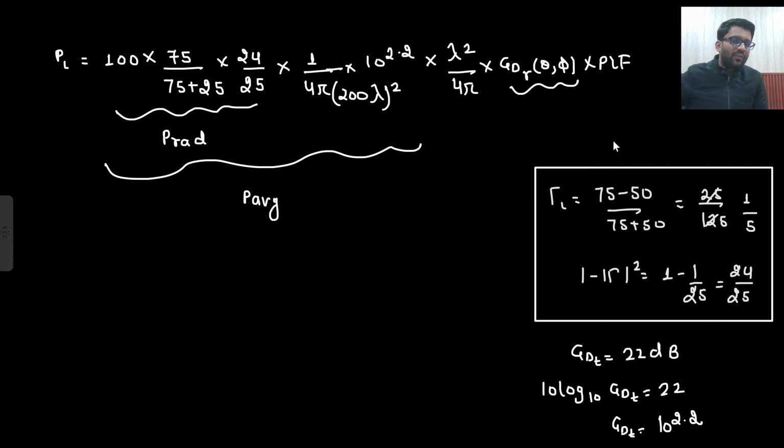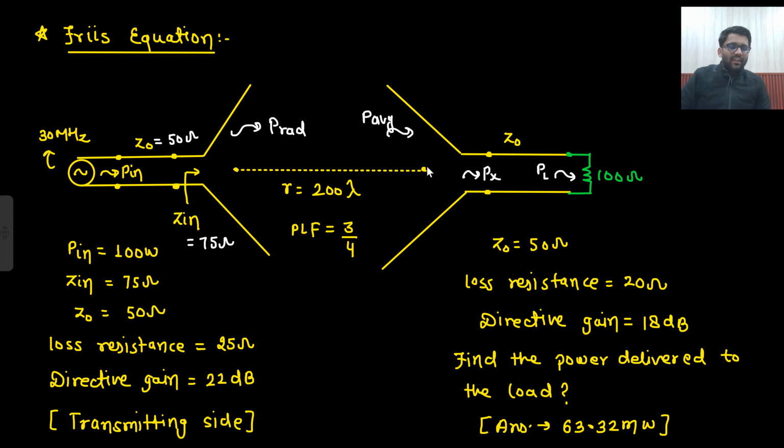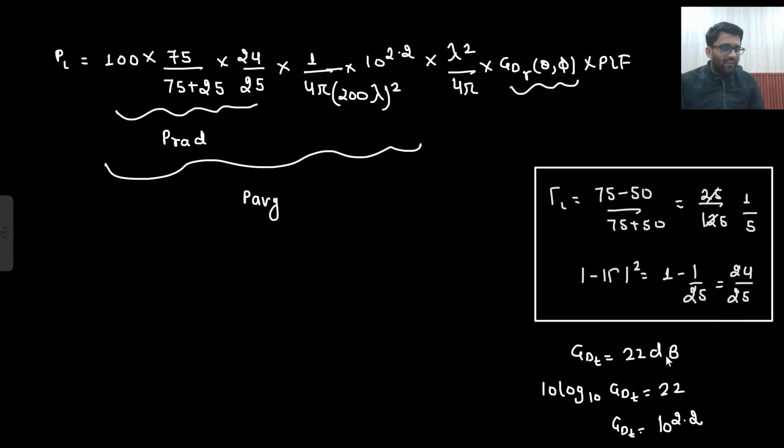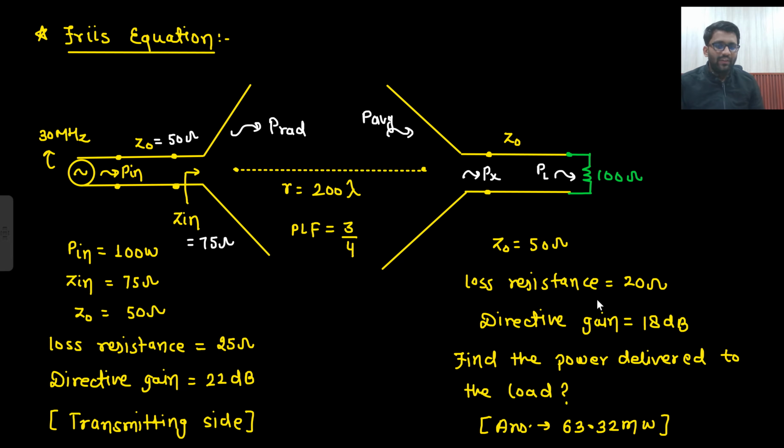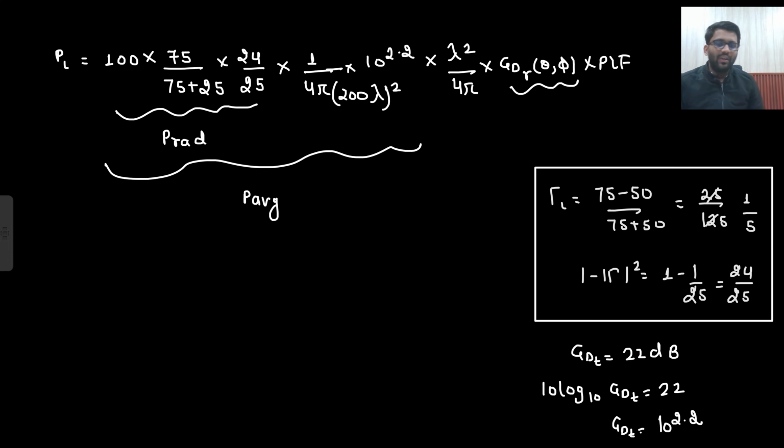What is the directive gain of the receiver? That is 10 to the power 1.8. If it was 22 dB, then it was 10 to the power 2.2. If it is 18 dB, that means it is 10 to the power 1.8. So can I write down 10 to the power 1.8 here? Certainly I can.